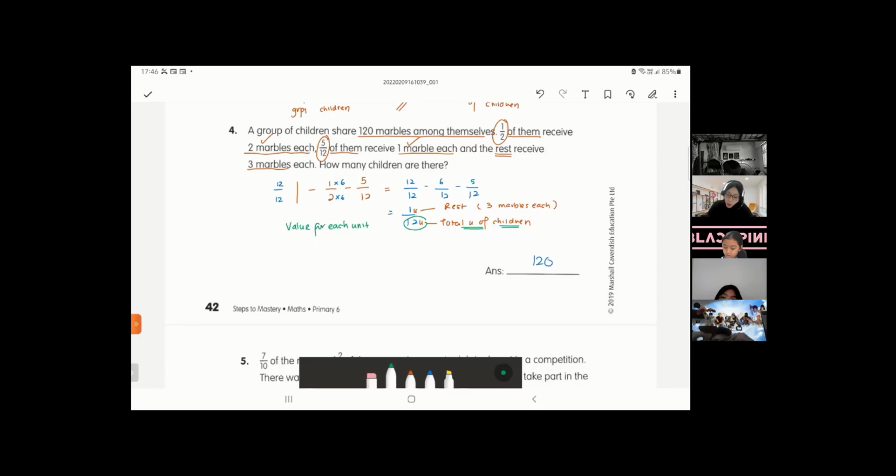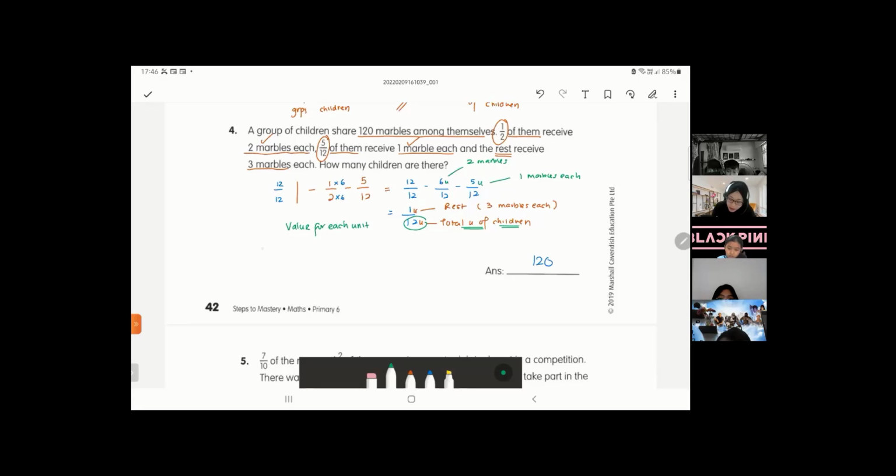Okay. So we know here that we have 6 units and 5 units, the ones I changed. These 6 units are those who receive 2 marbles each. The 5 units of children are those who receive 1 marble each. Now I want to find my total number of children, which means I must put the value for each unit.